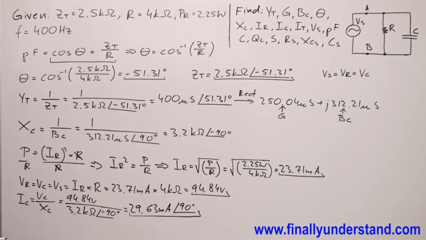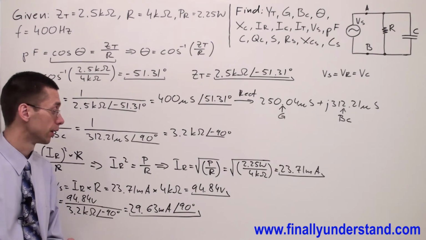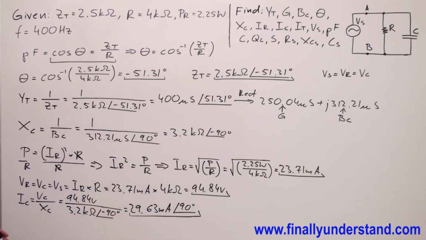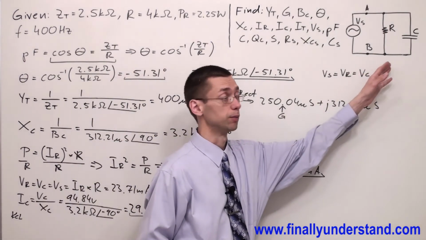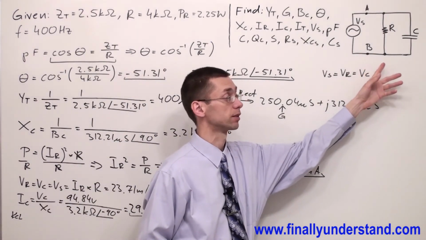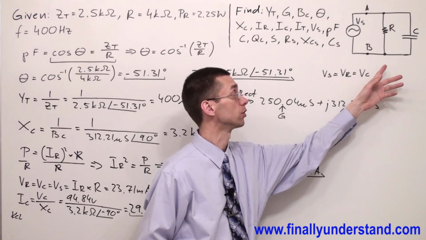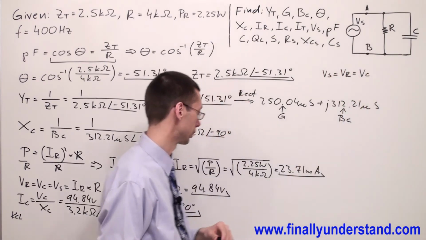Next, we're supposed to verify if our answers are correct. How are we going to do that? We are going to use, like always, KCL. KCL says, let me remind you, that the sum of two currents, current which goes through the resistor plus current which goes through the capacitor, is going to give me I total.